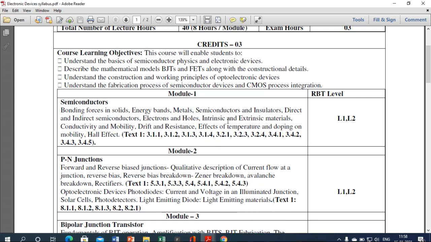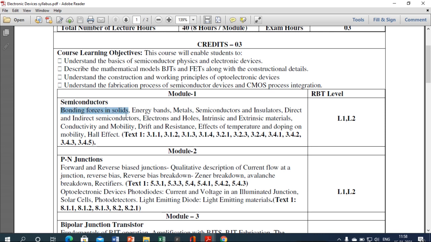So in the previous class, we started with module 1. In that module 1, we discussed semiconductors. Semiconductors occur between the conductors and insulators. We started with the first topic, bonding forces in solids.